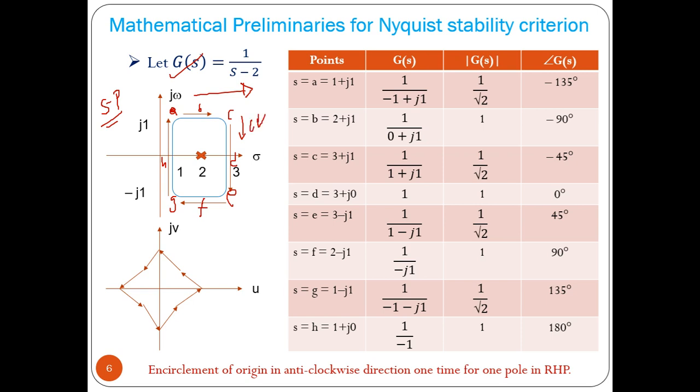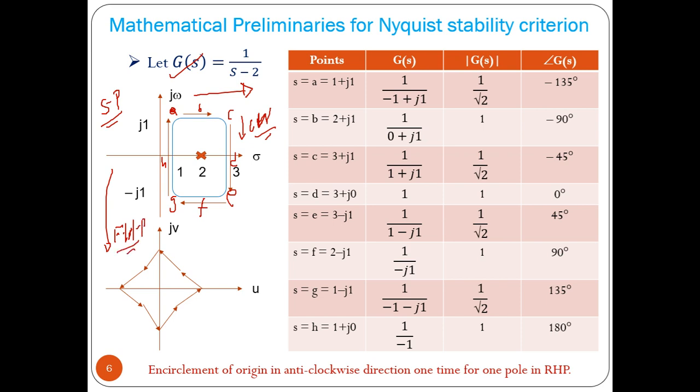Now we have a pole on the right half of the S plane that we have to map into the F(s) plane. Then what will happen?